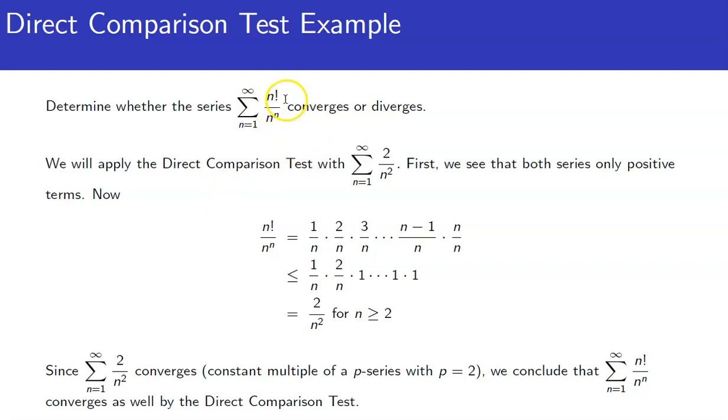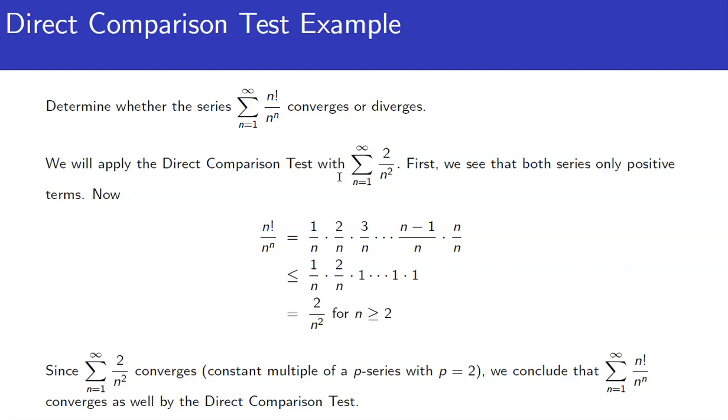Well, we know that factorial grows really fast, but n to the n grows even faster. Okay? So these terms are going to 0, and the denominator gets really, really big, really fast, even in comparison with the factorial. So we have an inkling that this series might converge.